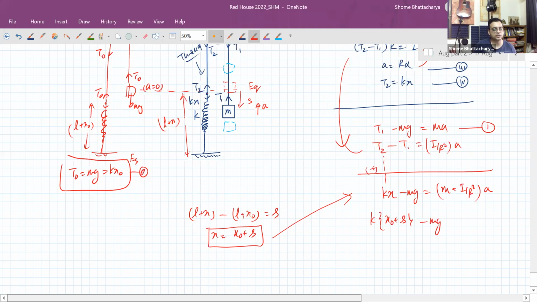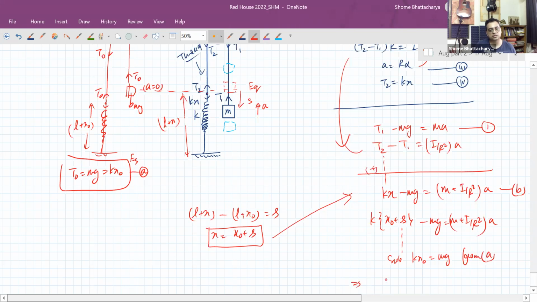Let's say this is equation A, and this thing that we are getting is equation B, now by solving this system. So there we are, we got our SHM equation. Now you compare this with equation A. Substitute kx naught as mg from equation A earlier.